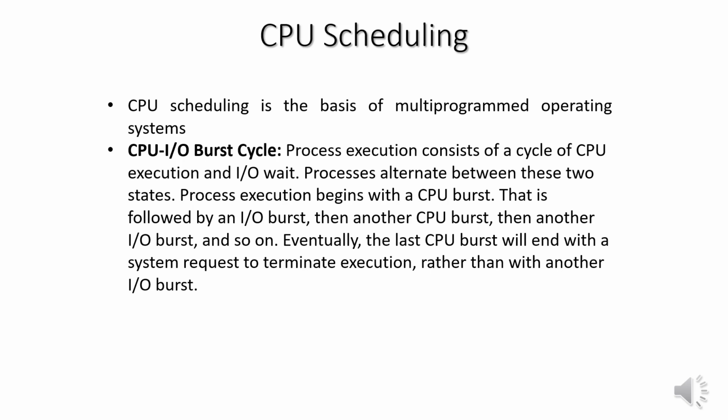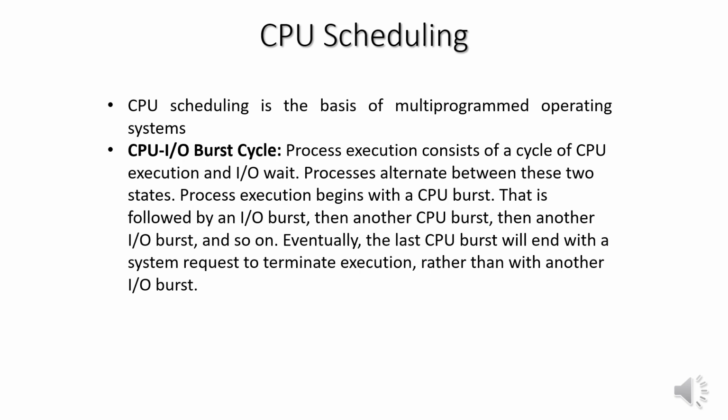Next is, what is CPU I/O burst cycle? Process execution consists of a cycle of CPU execution and I/O wait. Processes alternate between these two states. CPU burst is when the process is being executed in the CPU, and I/O burst is when the CPU is waiting for I/O for further execution.